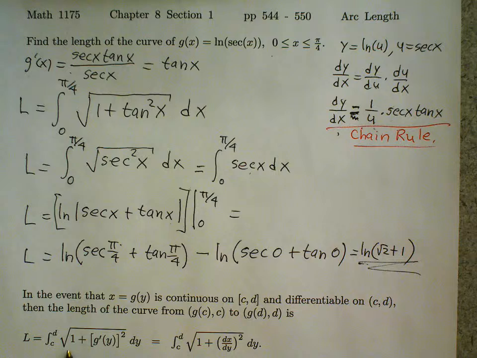It's completely analogous to the arc length formula that we derived, where y is a function of x. It's just that in this case, x is a function of y, but it's essentially the same formula.